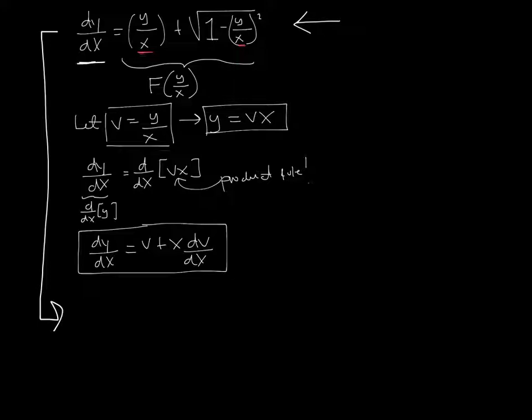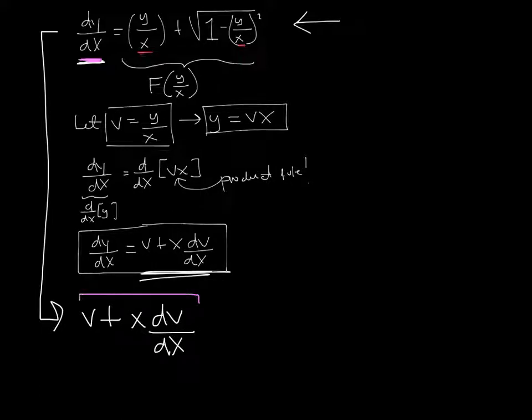So dy/dx is this right here, so I have v plus x dv/dx. That's my dy/dx. Might as well use some colors here, it doesn't hurt. So there's my dy/dx, equals y over x.